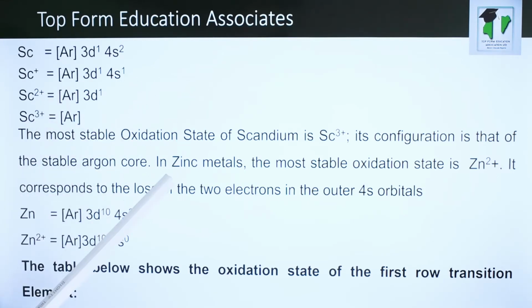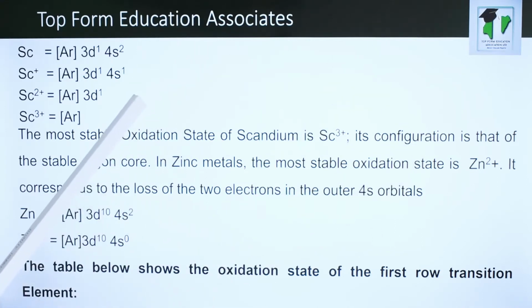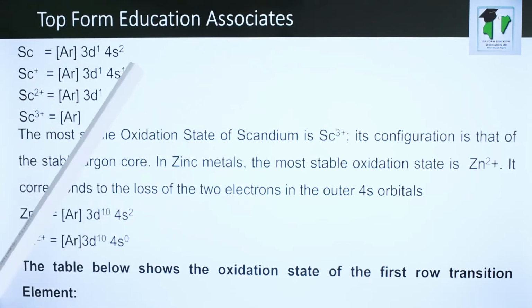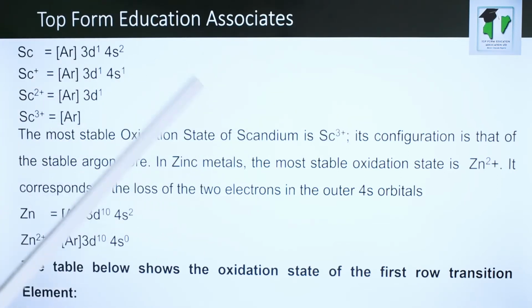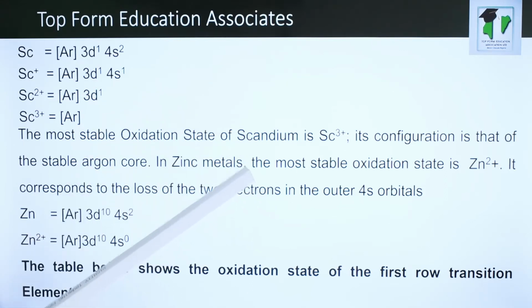In zinc, the most stable oxidation state is Zn2+. Like I said earlier on, whenever an atom loses an electron, it will become positively charged.